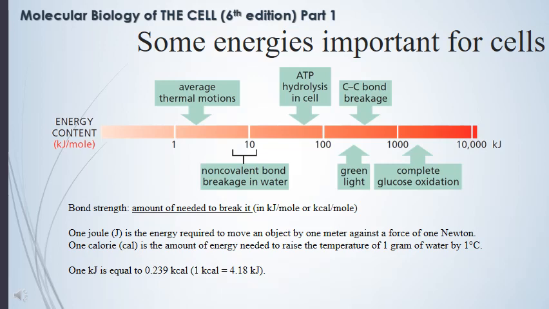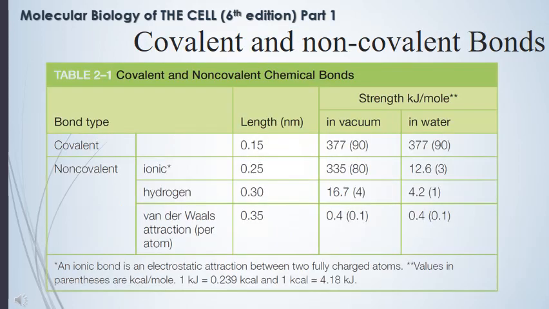Conversely, the calorie is the energy needed to raise the temperature of 1 gram of water by 1 degree Celsius. And these are basically the same measures in different systems. And they're interchangeable. 1 kilocalorie is 4.18 kilojoules. Plain and simple.